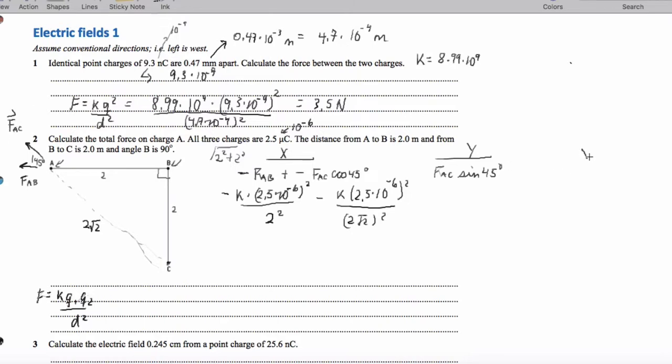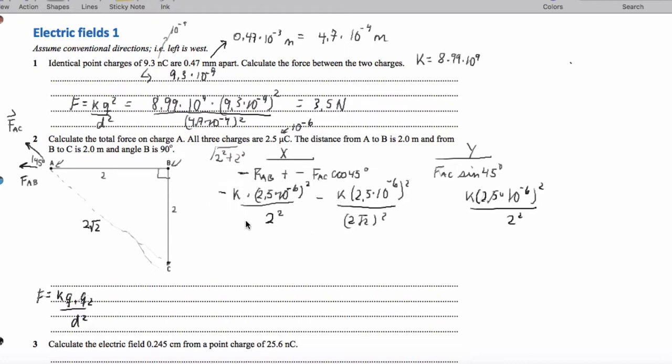And then in the y direction, what we're going to end up getting is just K times 2.5 times 10 to the negative 6th squared over 2 squared. Now let's put in that value for K. That's going to be 8.99 times 10 to the negative 9th. You know what?